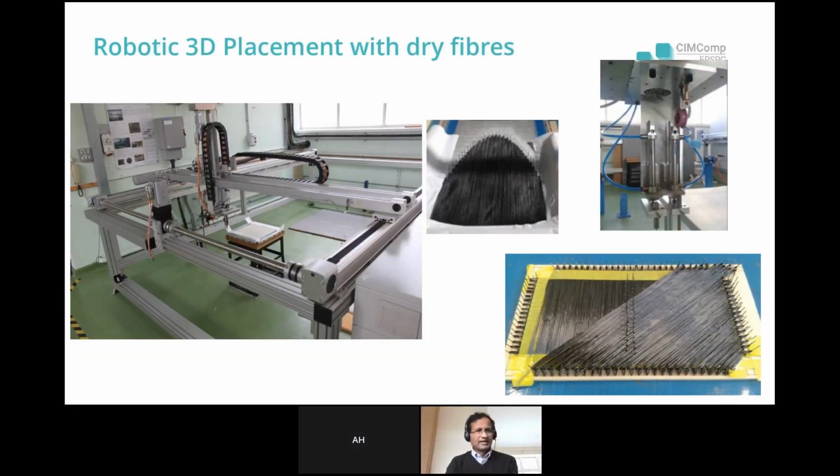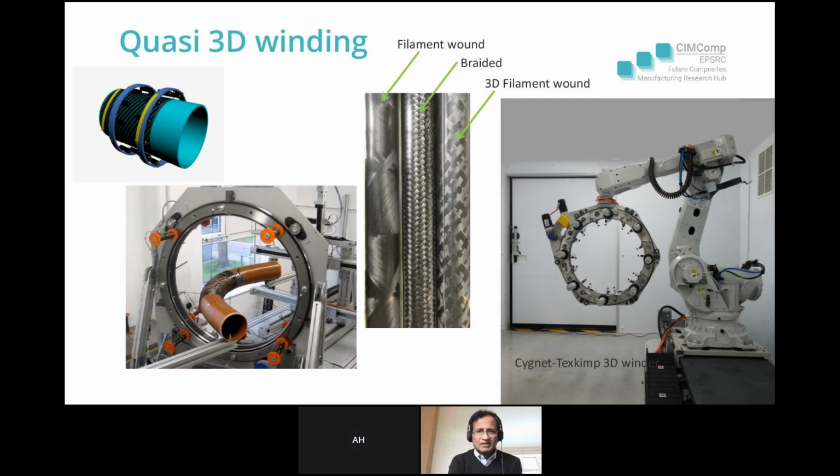And we also worked on a platform where we create near net shapes using what we call robotic fiber placement, stitching and tufting technology. I'll come back to it in a moment. And then we have been working on another platform, what we call quasi 3D winding, working with a company called Signet TexGen.